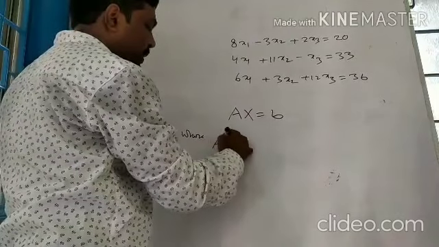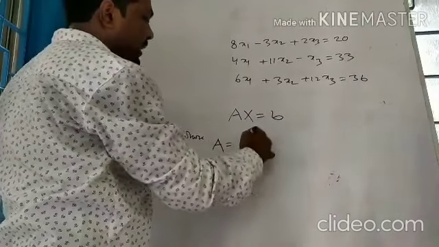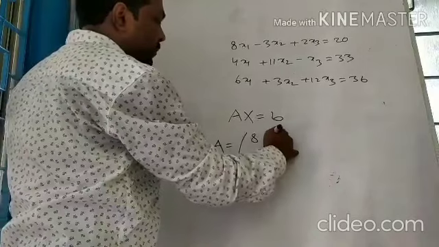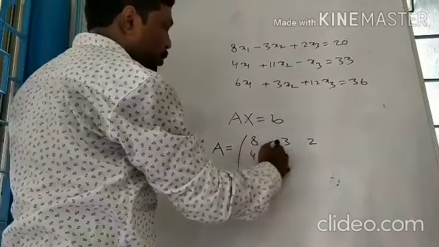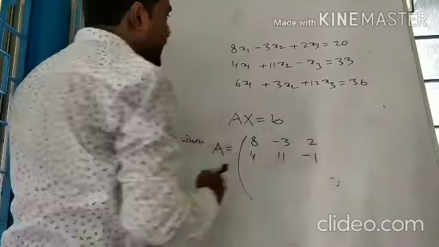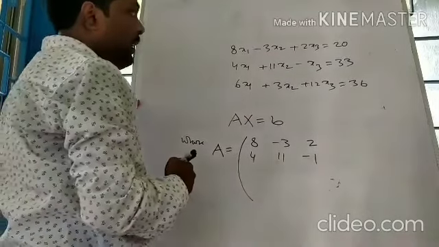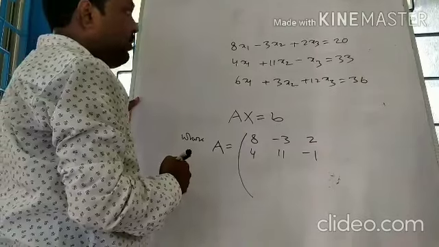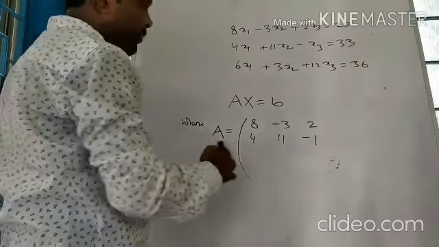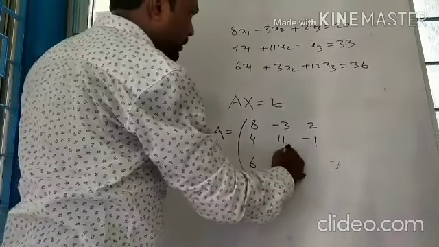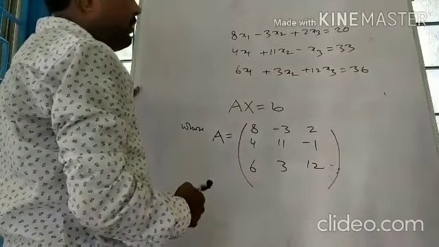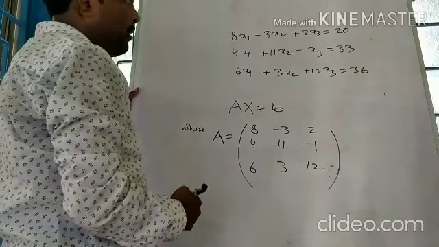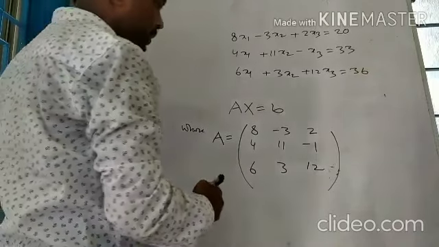equals the coefficient matrix with rows 8 minus 3 2, 4 11 minus 1, 6 3 12.